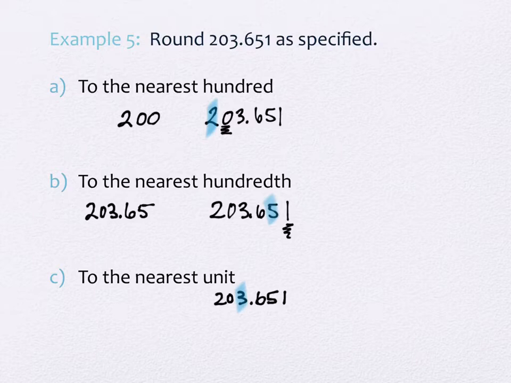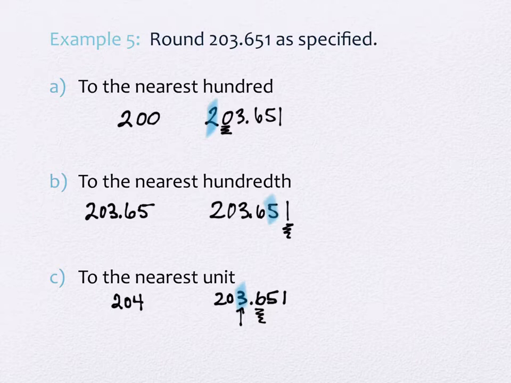The 3 will either stay a 3 or become a 4, and we make that decision based on the number that comes after it. That's actually a 6 this time. So what is the 6 telling us will happen? It will go up. So my 3 will increase to a 4, and then everything else after it becomes a 0. So this is 204.